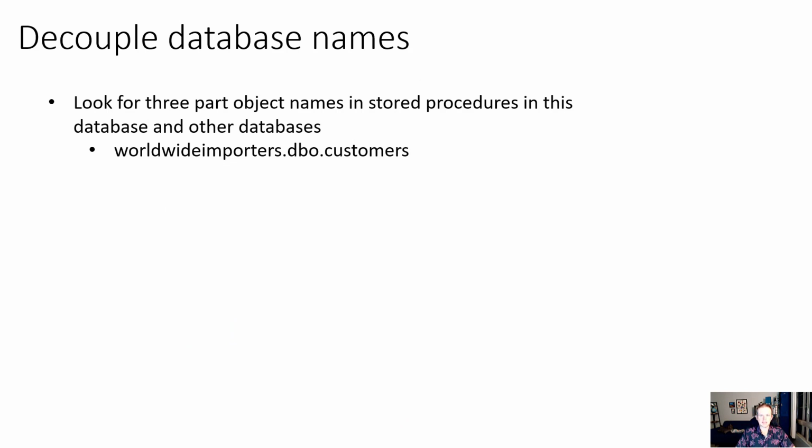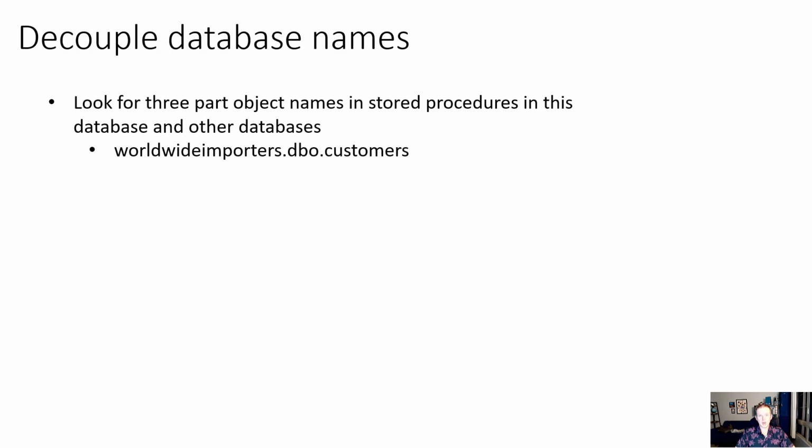Another thing you might consider, it's not a very good practice to be using three-part object names in your code. When I mean three-part object names, I mean the database name, the schema name, and the table name, or the stored procedure name, or the view name. So those three-part, or even worse, four-part names in your code are not going to be supported in Azure.